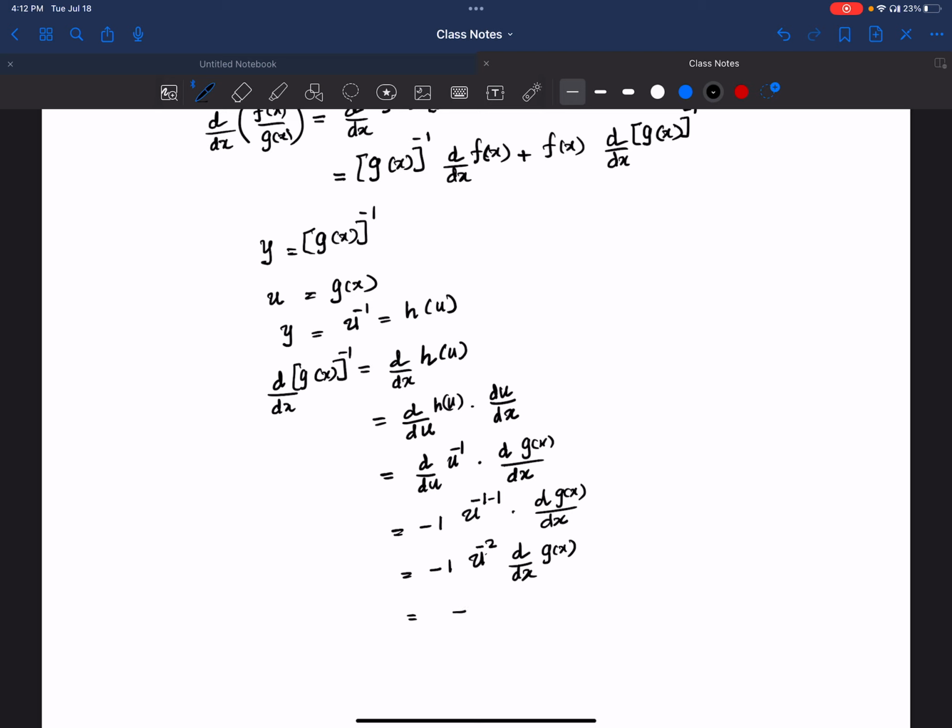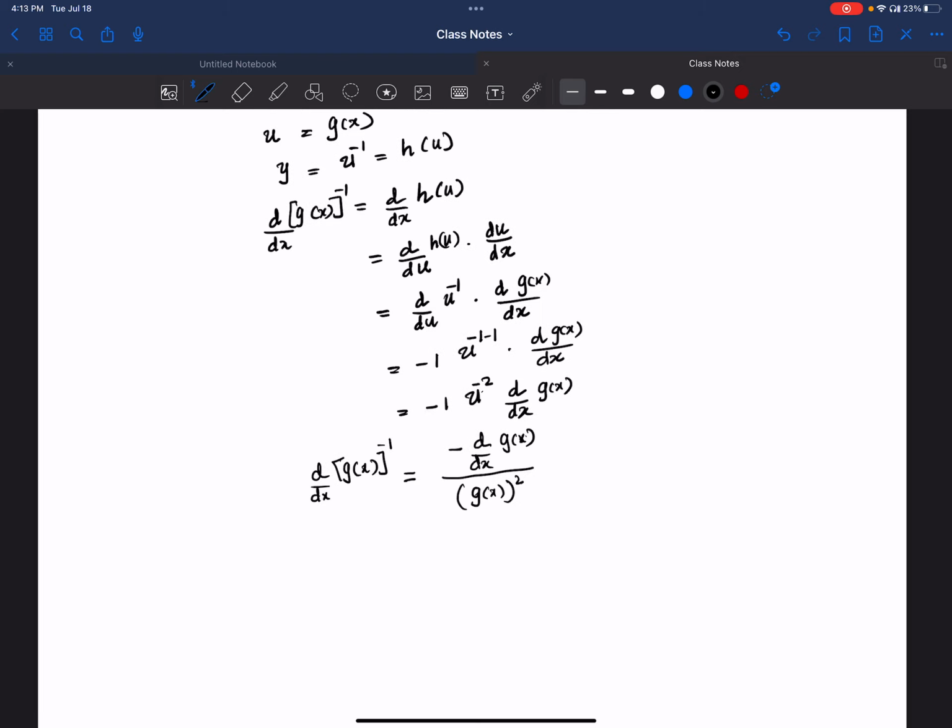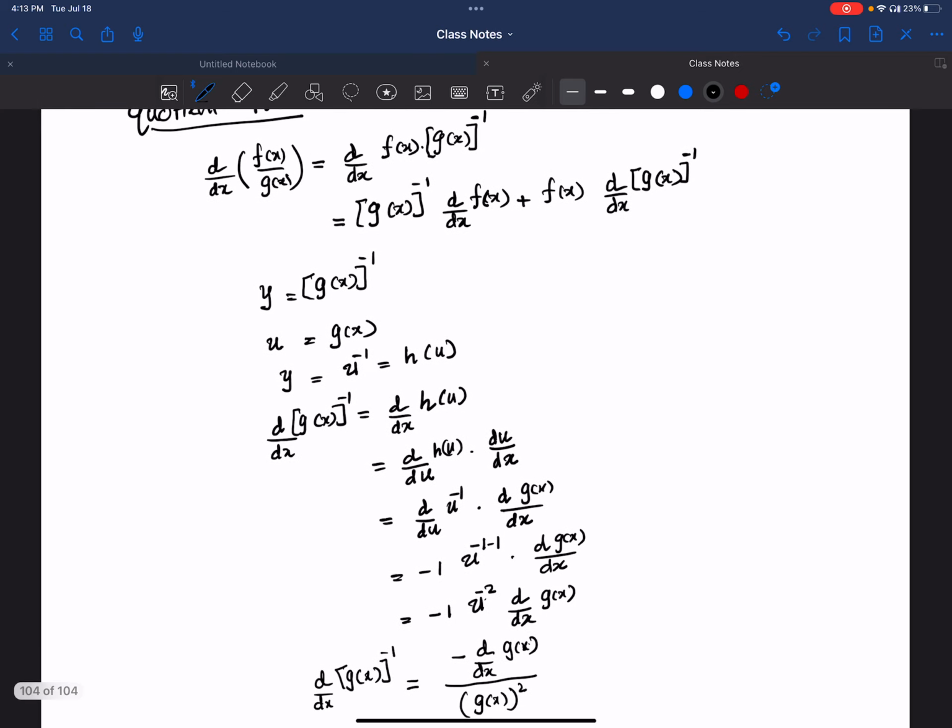That means negative d over dx g of x divided by g of x squared, which is equal to d over dx of g of x to the power negative 1.